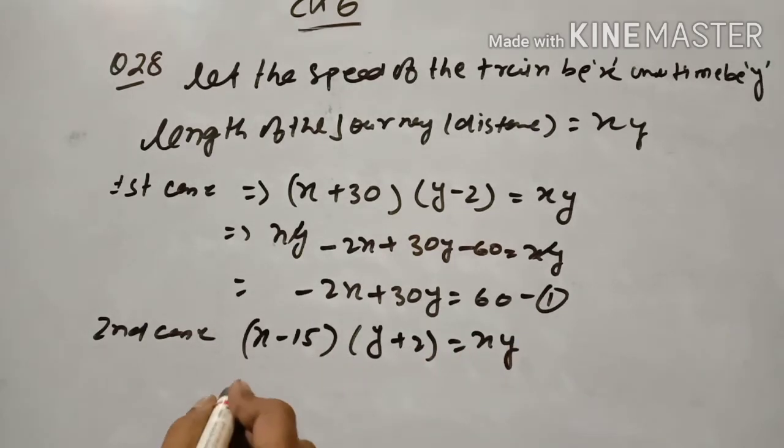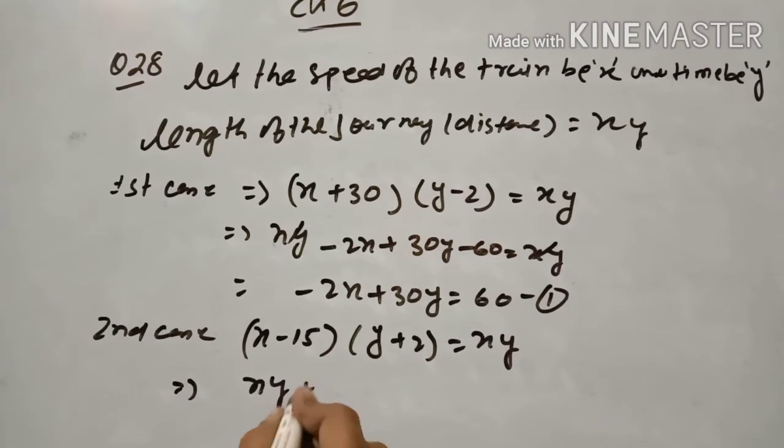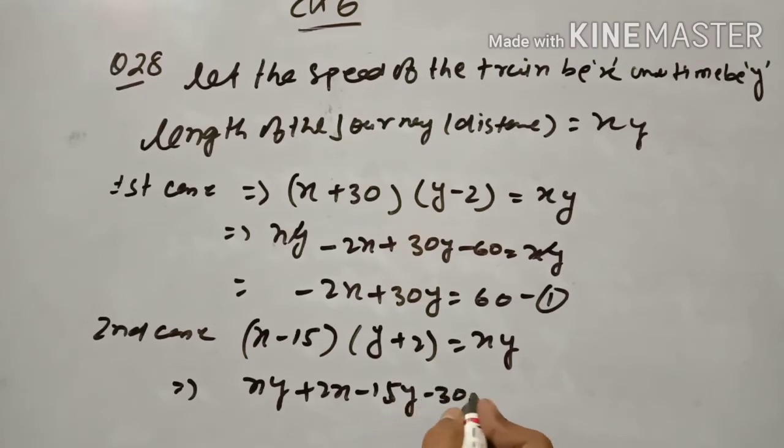So multiply: xy plus 2x minus 15y minus 30 equal to xy.